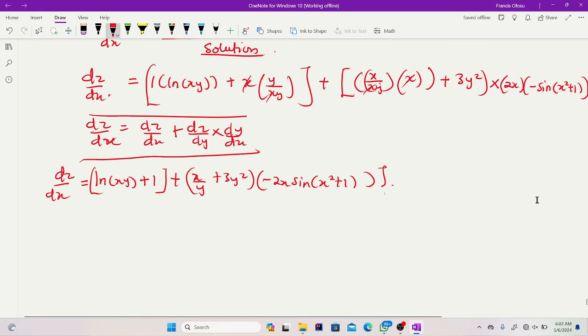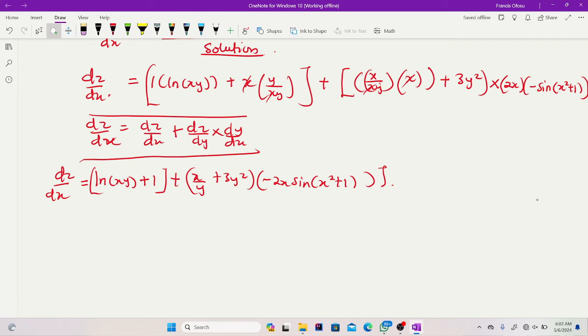And at this point, the question asks us to differentiate z with respect to x. So at the end of your differentiation process, you have to make sure that the only variable you are seeing is x, because the question said differentiate with respect to what?